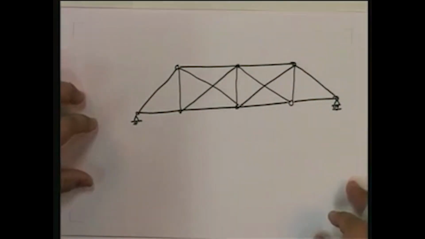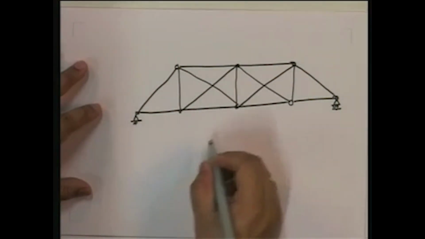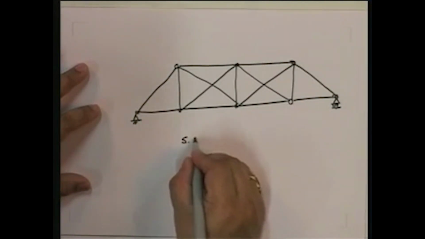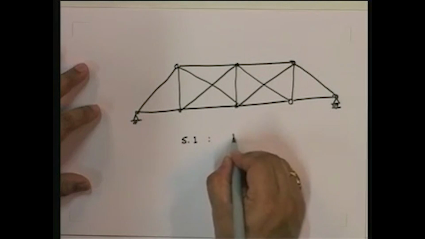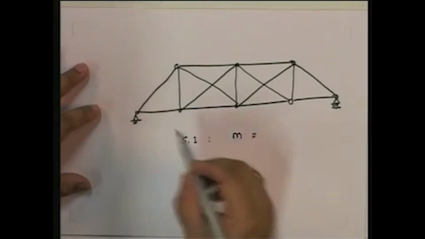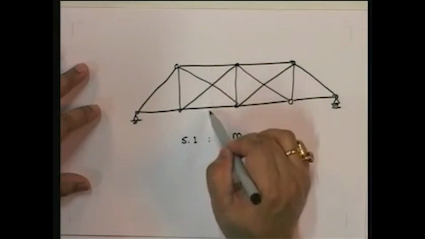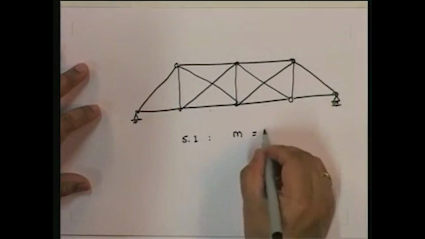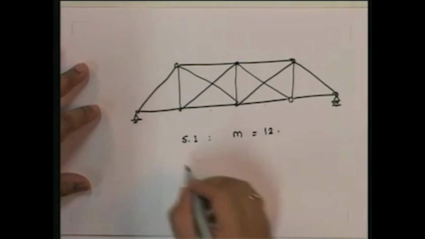This is the structure. So we have to find out the static indeterminacy of a truss. First and foremost, find out the number of members. Members is 1, 2, 3, 4, 5, 6, 7, 8, 9, 10, 11, 12. So number of members is 12.